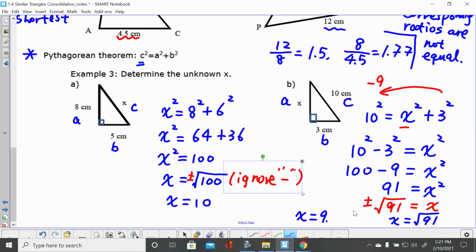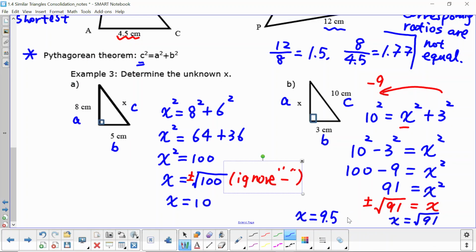Okay, we just keep 9.5. The 3 we could round off. It's less than 5, so you keep the answer. If it's one decimal, just 9.5 is good. Then centimeter. This is to the nearest tenth. So this is the answer for this side.